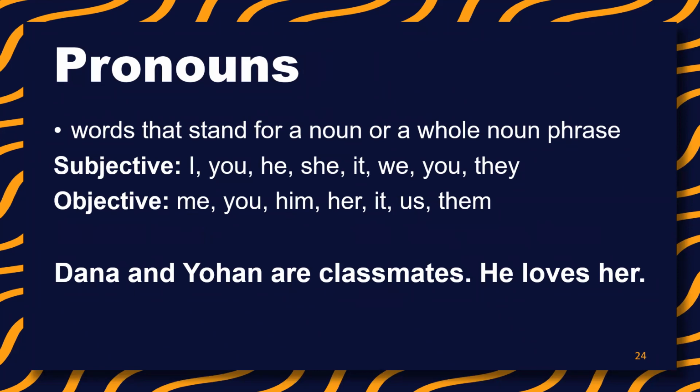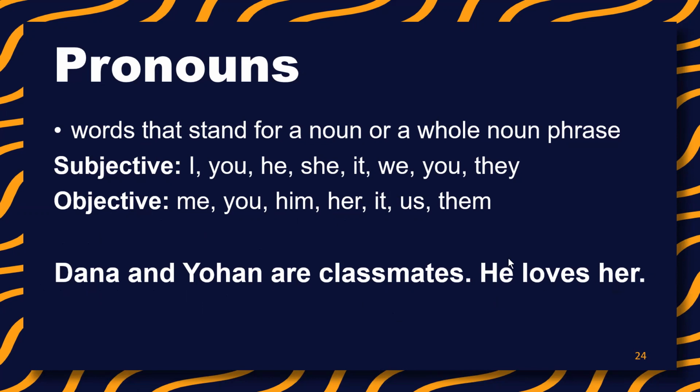So for example, it substitutes kumbaga the nouns, for example, or a noun phrase that we use in sentences para hindi redundant na sagad naka-state or balik-balik kasulat ang noun. For example, in the sentence, Dana and Johan are classmates. He loves her. So it's clear as well. So para hindi mo liwat-liwatan, Dana and Johan are classmates.